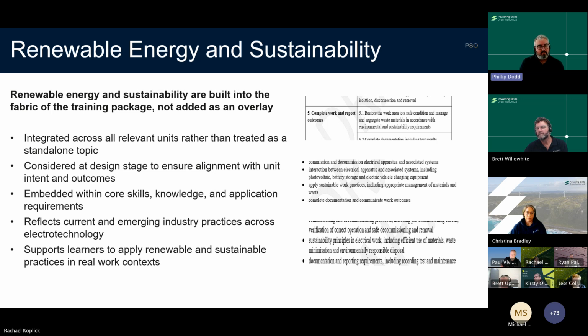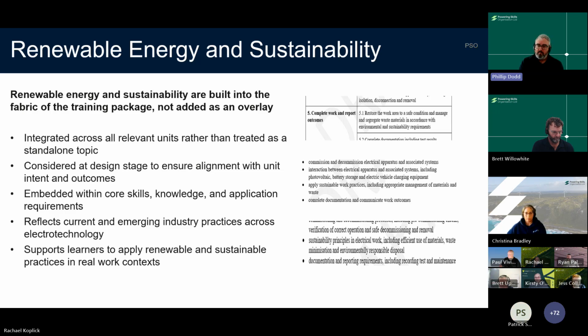Now, in saying that, within our Cert 2 qualifications, we think the renewable and the sustainability and energy efficiency is very important for the students to be learning about as well. So we've added more units of competency into the Cert 2s. Our new gateway qualification has probably 2 or 3 units of competency that talk about energy efficiency within the air conditioning and refrigeration space, within the WHS components, and then adding that into our Cert 2 electrotechnology as well.